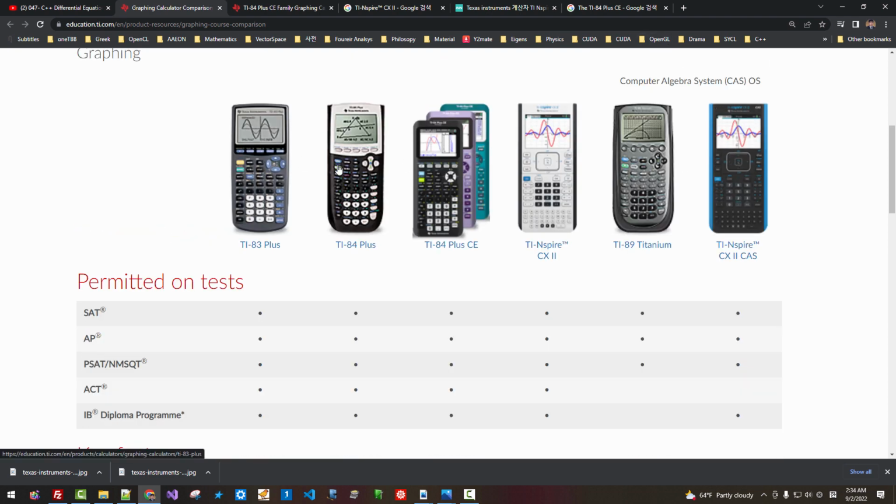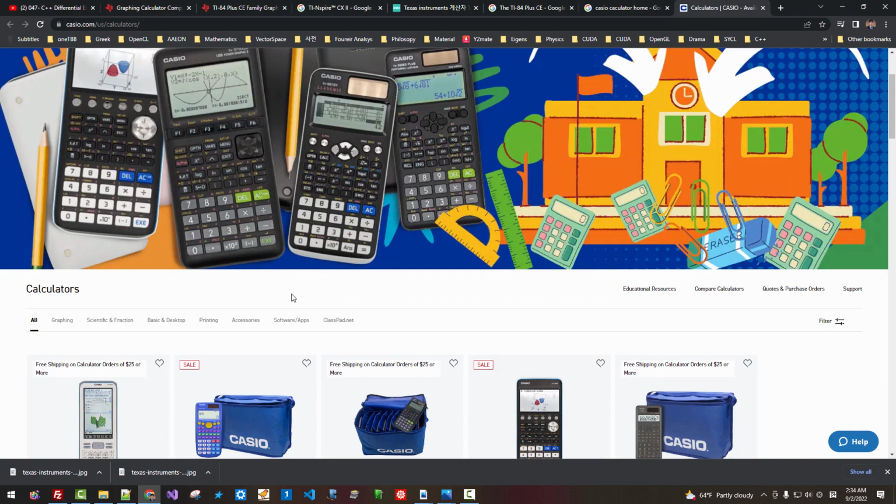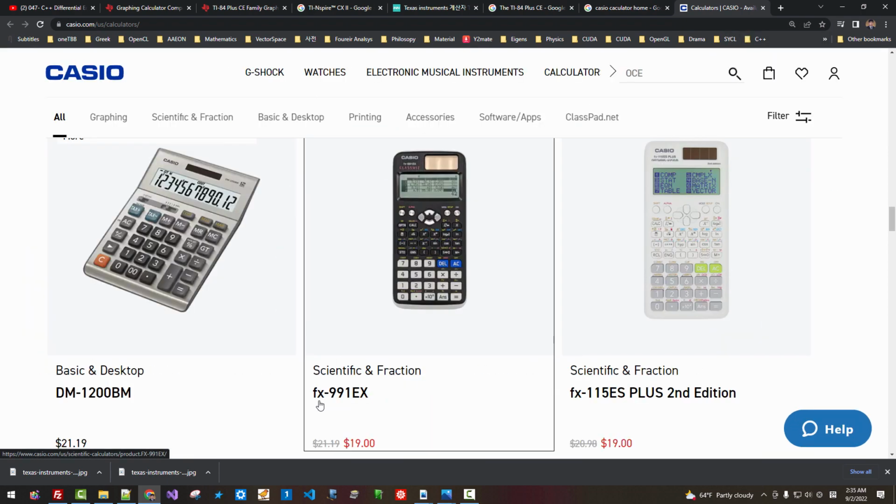As I said, these models are pretty expensive. If you want an inexpensive or affordable but high quality calculator, I would recommend the calculators listed here. For example, the FX-991EX. The price of this calculator is less than 20 US dollars. In Korea, you probably have to pay 20 to 30 US dollars to purchase this model.